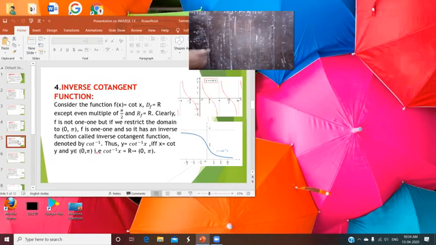So for 0 it is not defined. So for all even integral multiples of pi by 2 it is not defined: 0, pi, 2 pi, 3 pi. For all those values cot is not defined. Okay, so let us draw the graph of cot inverse x.